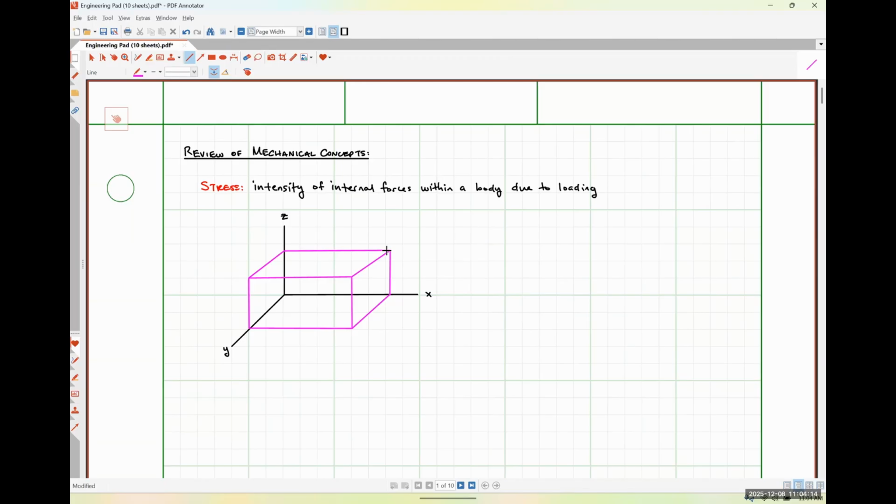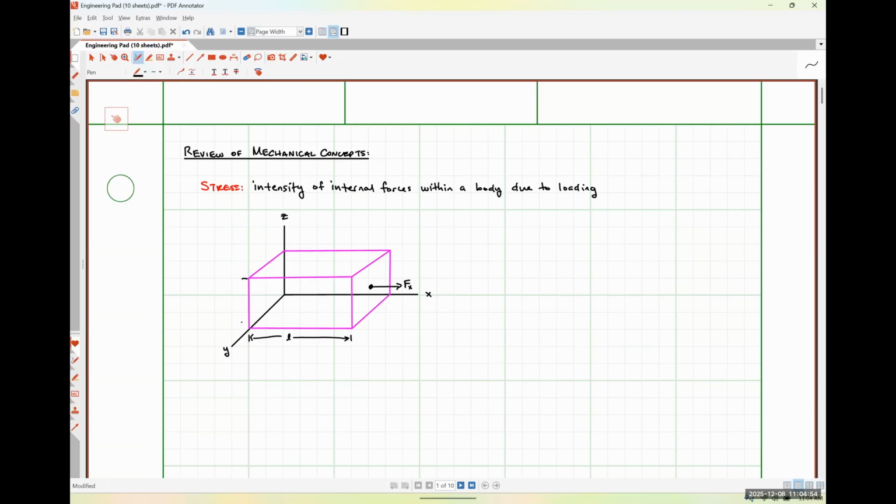So something akin to this. Okay. And we're going to say that we have some force acting on this structure, specifically in the X direction, like so. Okay. I'm going to define a few of the parameters of the structure as well. So let's say that its length in the X direction will be lowercase l.